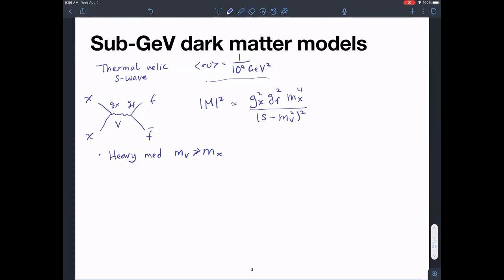So right now for annihilation, heavy means heavier than the dark matter mass. Okay, so then the annihilation cross-section will be roughly, turn these into α_χ and α_f, m_χ squared over m_V to the 4th.